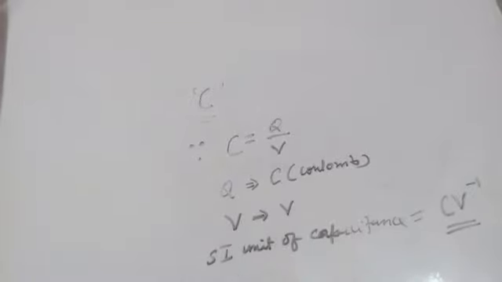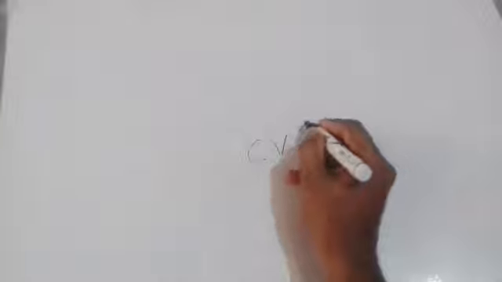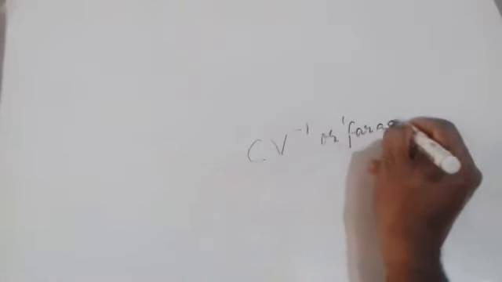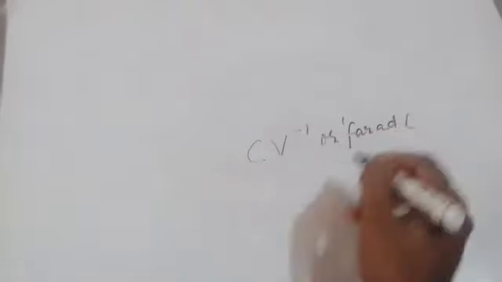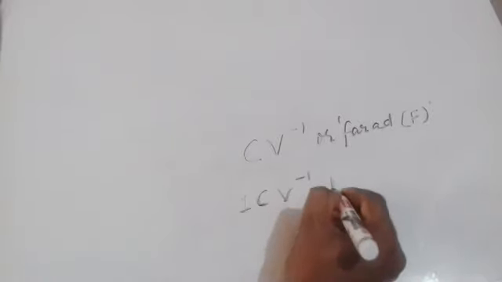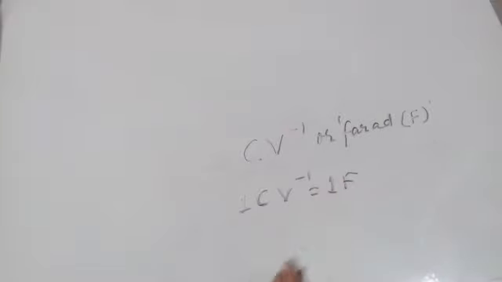So 1 Coulomb per volt is equal to 1 farad.